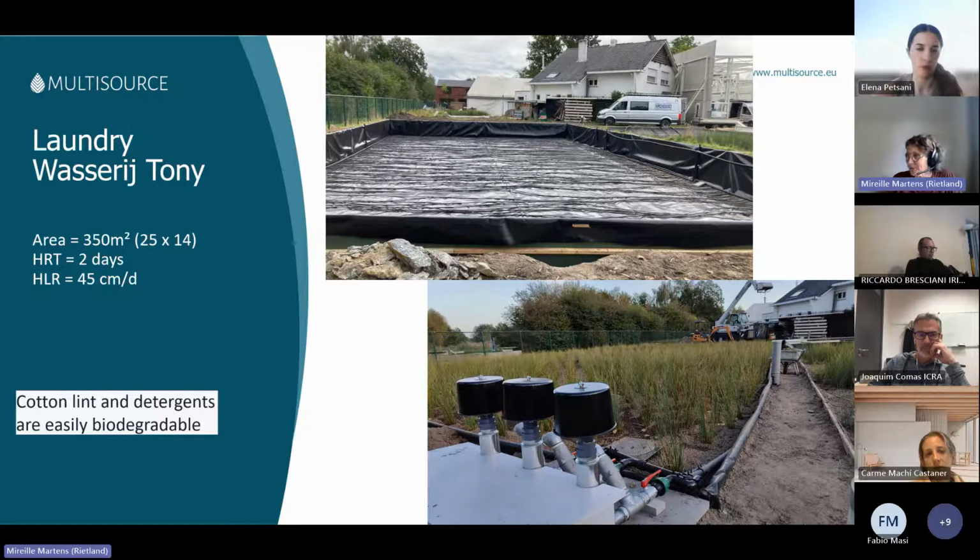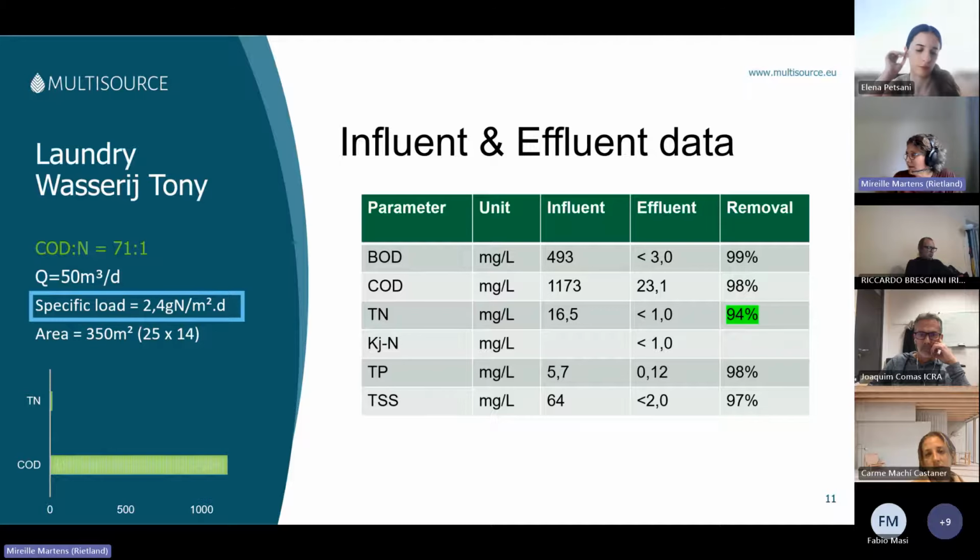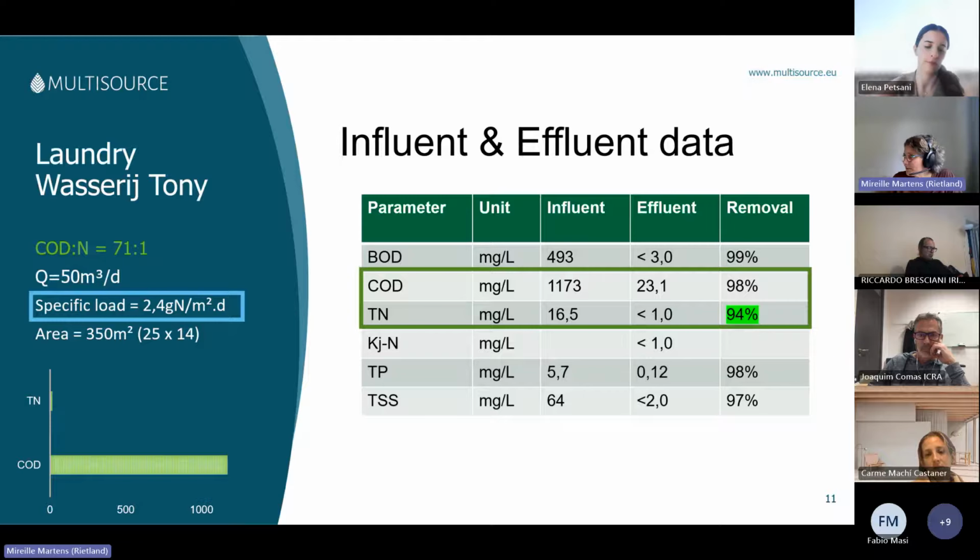The area of the wetland is 350 square meters. If we look at the influent and effluent concentrations and the removal data, you can see that everything is removed nicely. The COD has a removal percentage of 98%, and the total nitrogen 94%. We are very happy with that.